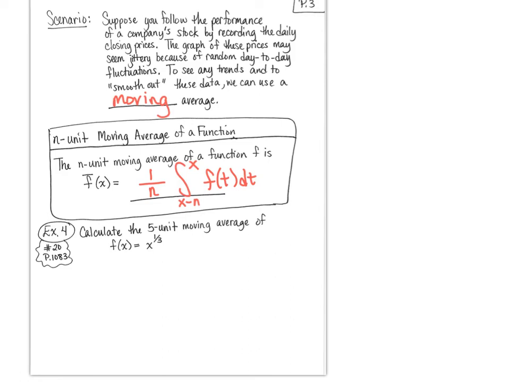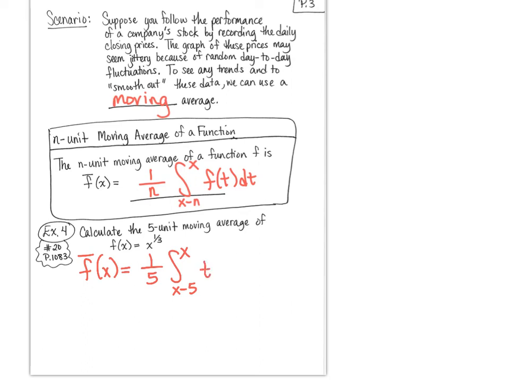We want to calculate the 5-unit moving average of f of x equals x to the 1/3. So notice here we are calculating an n-unit moving average of a function. You take 1 divided by n. Here our n is 5. So we are going to have f bar of x, our moving average, equal to 1/5 the integral from x minus 5 to x of, instead of just writing f of x, we write f of t.